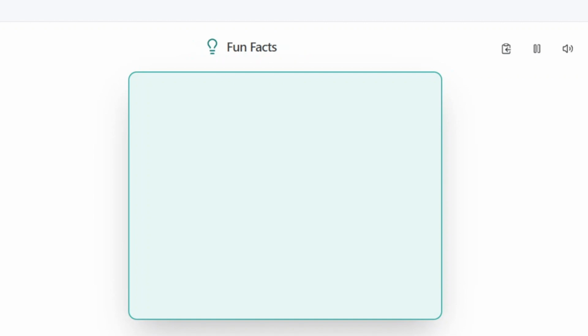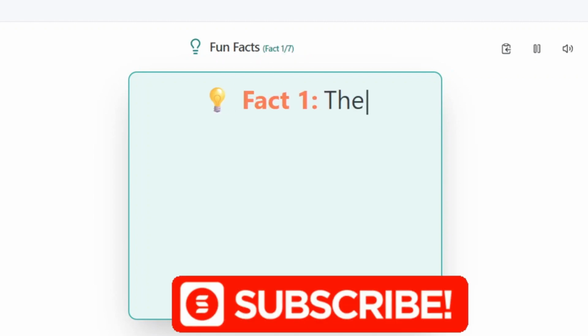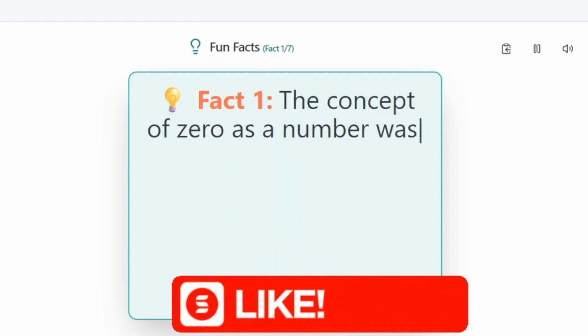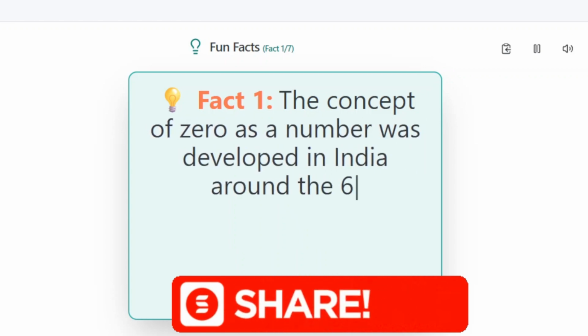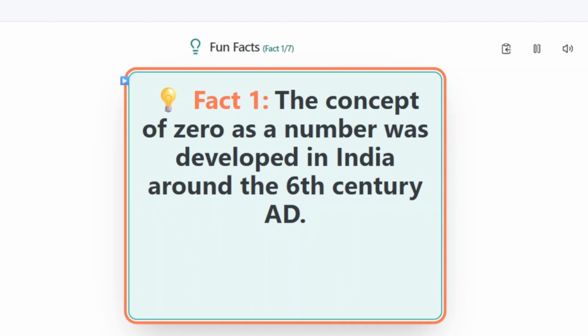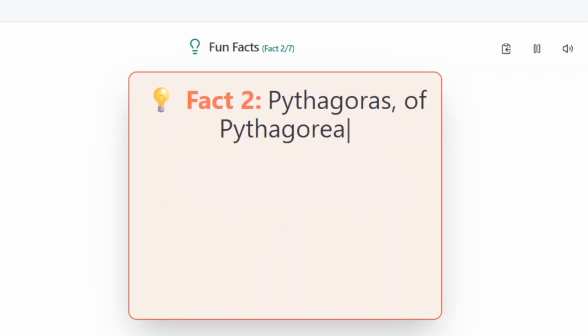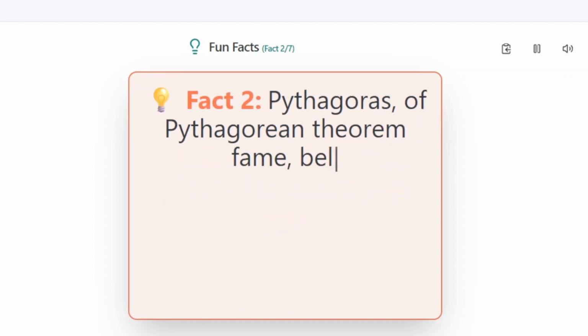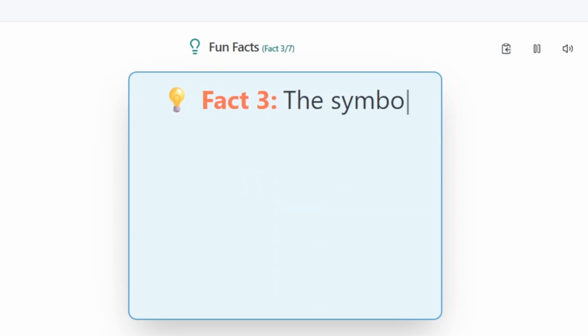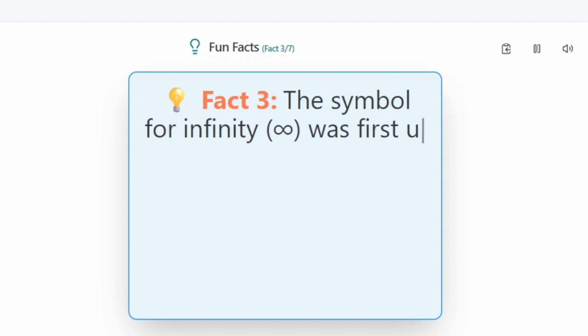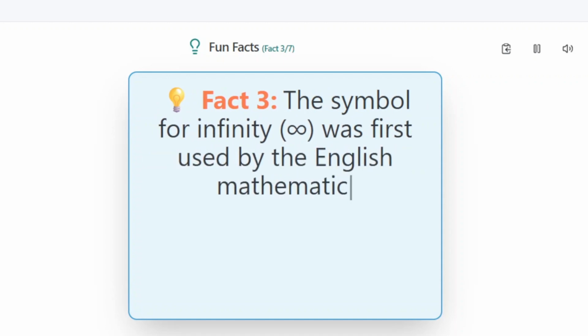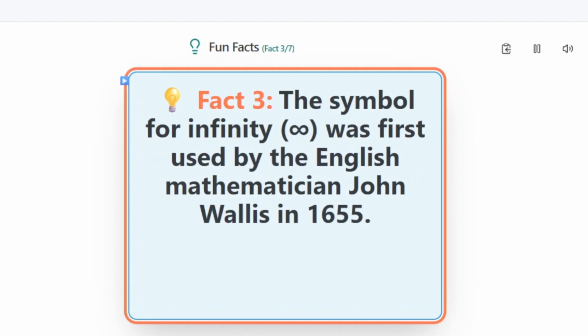Now starting, fun facts. The concept of zero as a number was developed in India around the 6th century AD. Pythagoras, of Pythagorean theorem fame, believed that all numbers were rational. The symbol for infinity was first used by the English mathematician John Wallis in 1655.